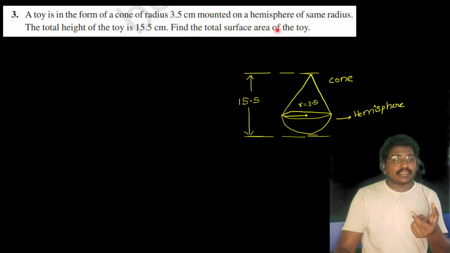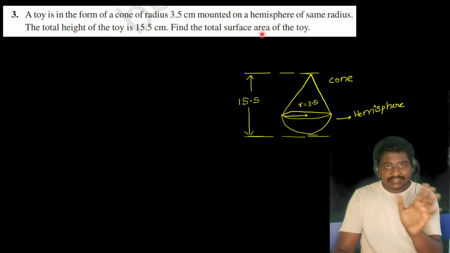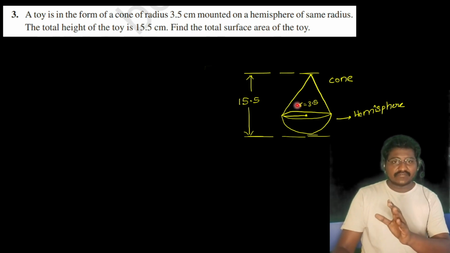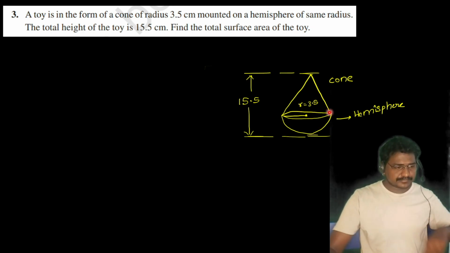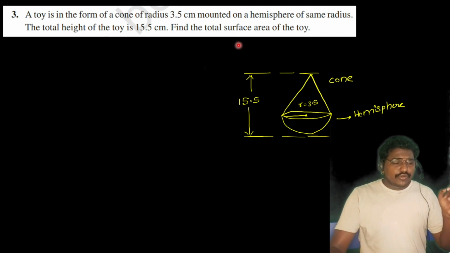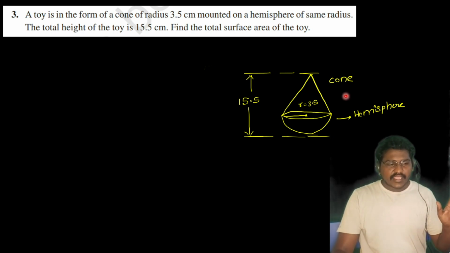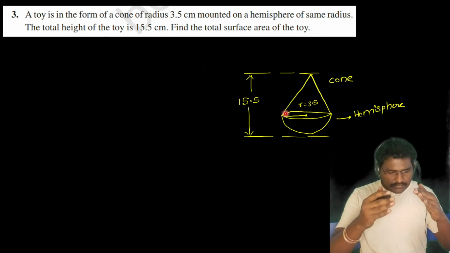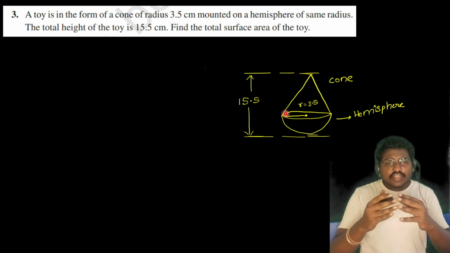Ee word e mimmalni mosam chestundi. Here, find the total surface area of the toy doesn't mean that we have to find the total surface area of cone and total surface area of hemisphere. అంటే total surface area of the toy అంటే TSA of cone plus TSA of hemisphere కాదు. ఓకే, ఎందుకు కాదు? Total surface of the toy means that the toy is a combination of two figures.